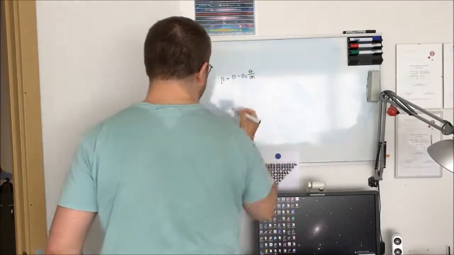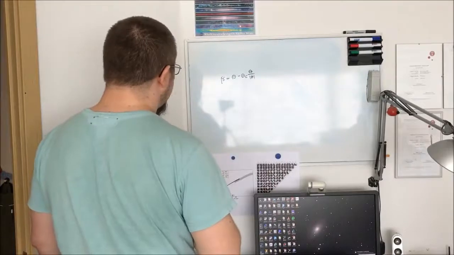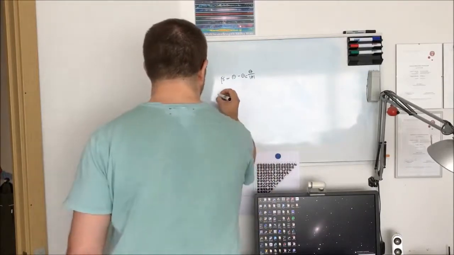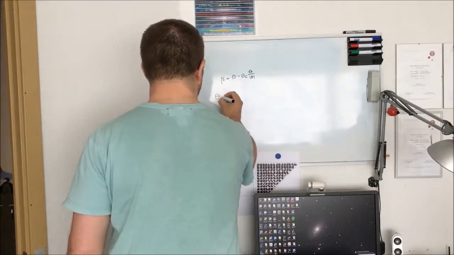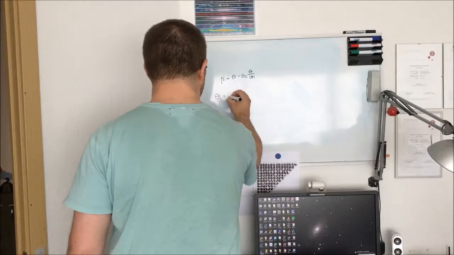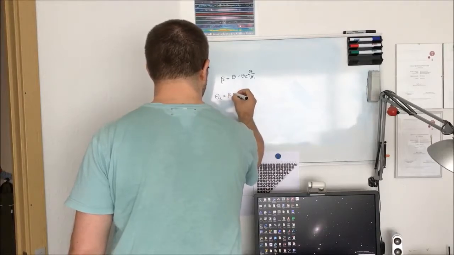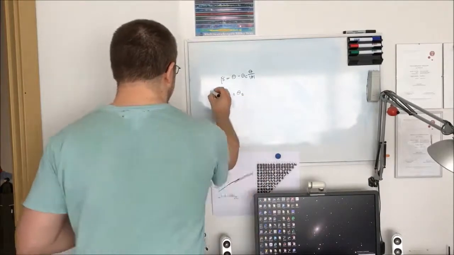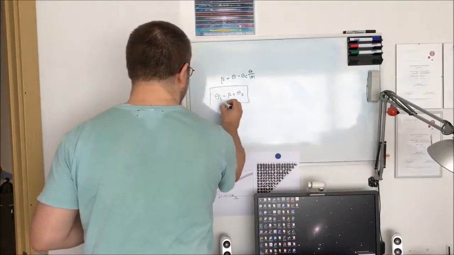And so when you solve this equation, you get that theta plus minus is equal to beta plus minus theta e. Let's put a box around this.